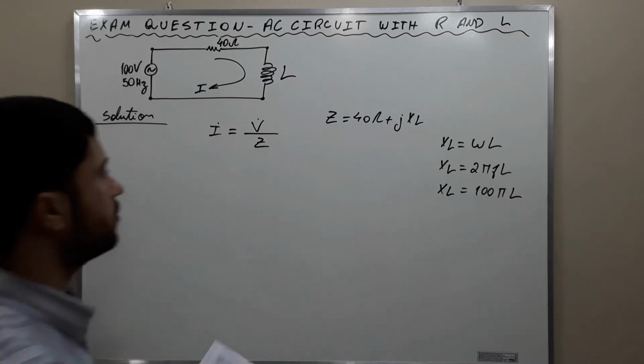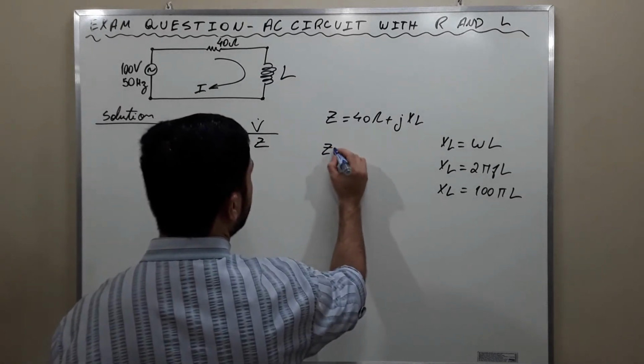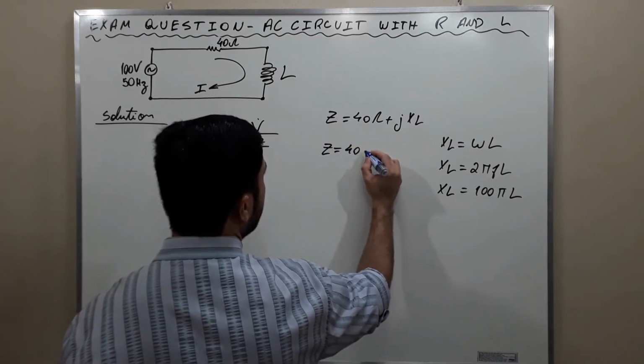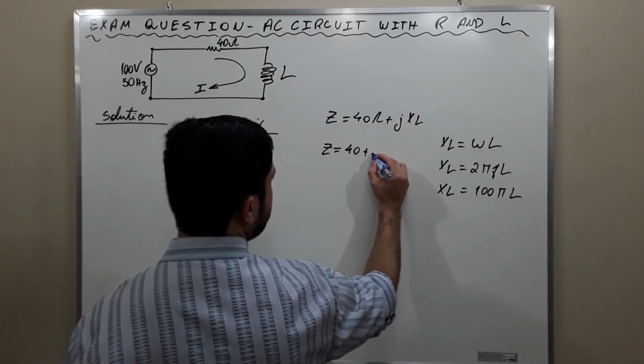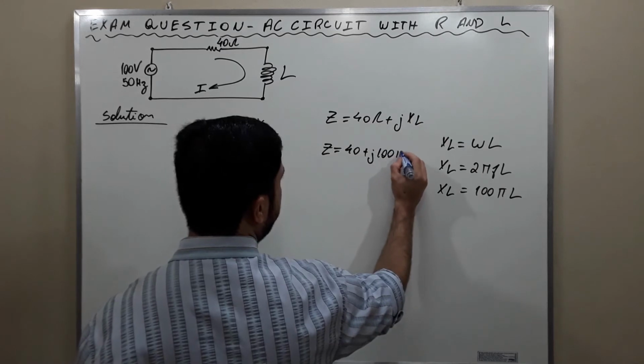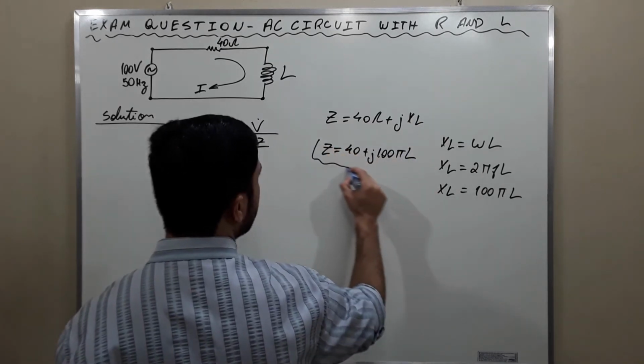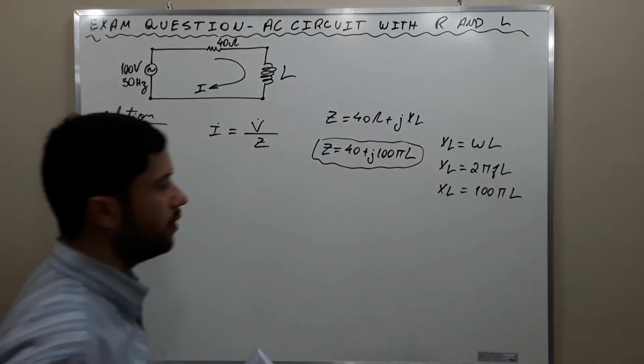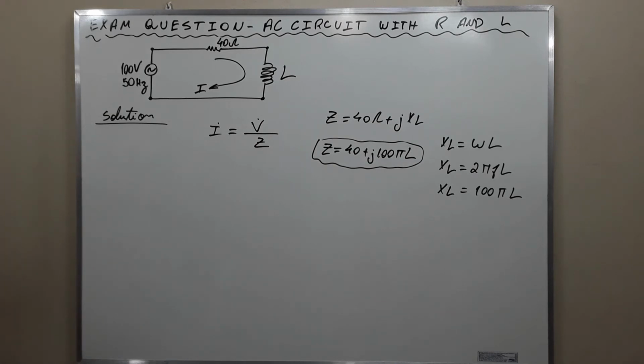And the impedance is then going to be equal to 40 plus j 100 pi L. This is the impedance.